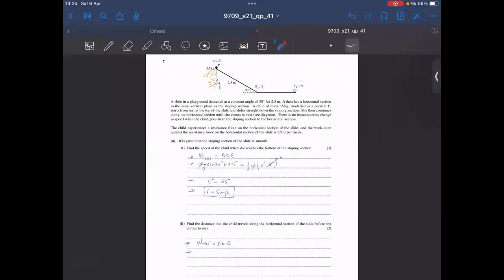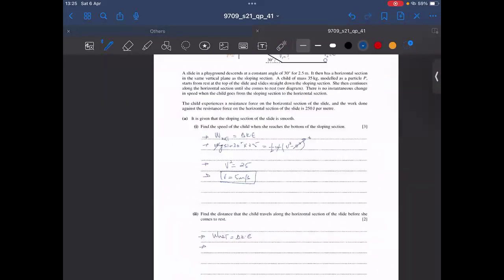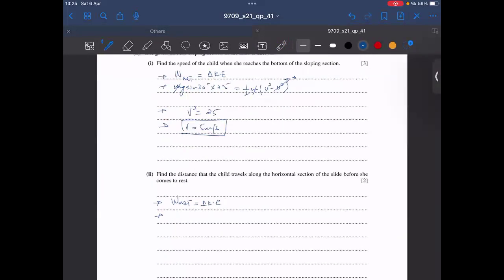And what else? Only the work done against friction.